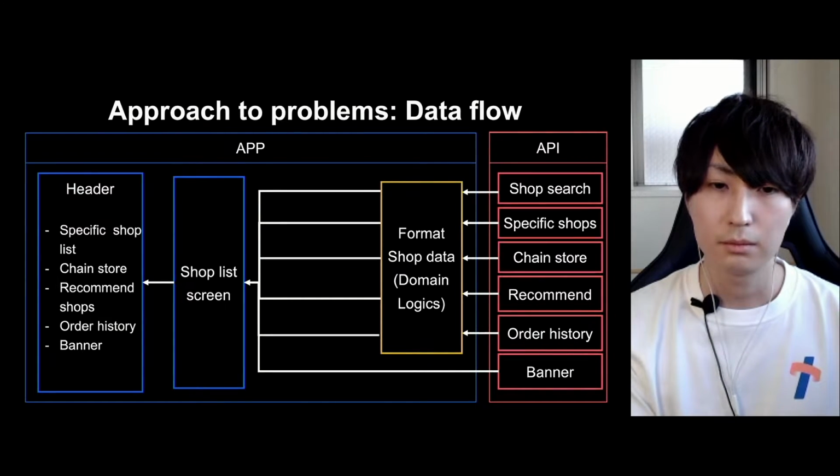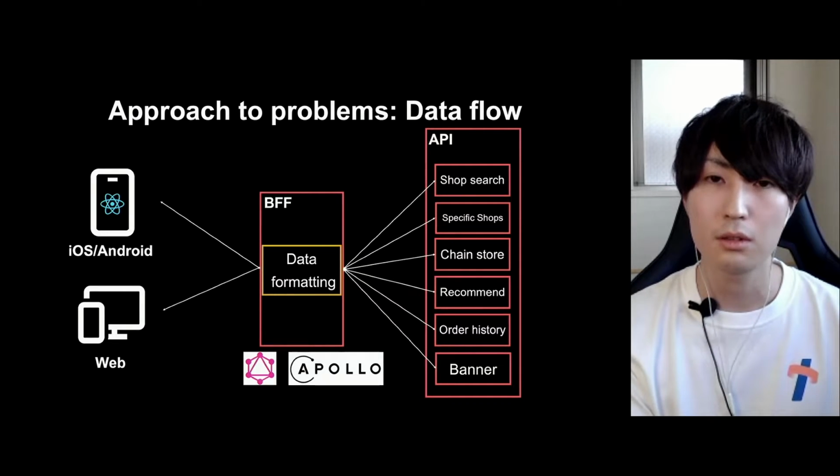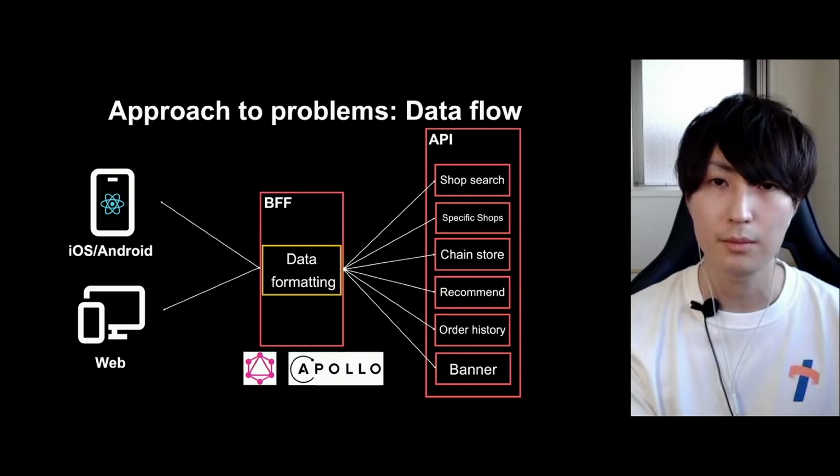The next is our approach for improving the data flow. With the backend, of course, that I just mentioned, the data extraction process that was dependent on the client side has been converted to an API. So we could remove the data extraction process from the code, since it is now a flow that calls the API. Another initiative of the Demaecan app and front-end team was the use of BFF to standardize logic. BFF stands for backends for front ends, creating an intermediate layer between the client and the backend.